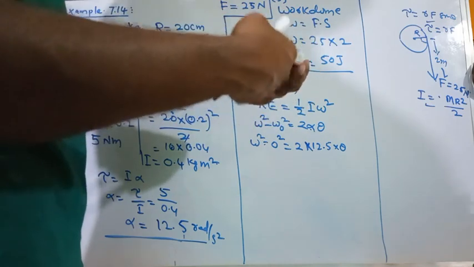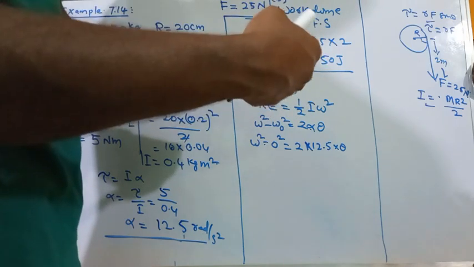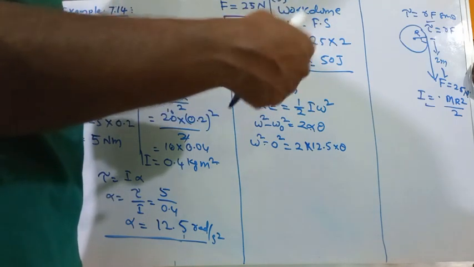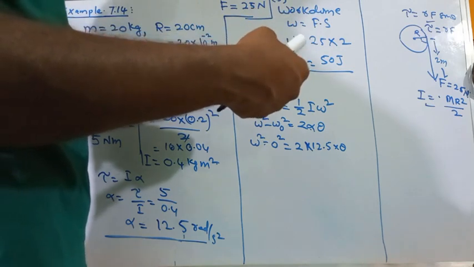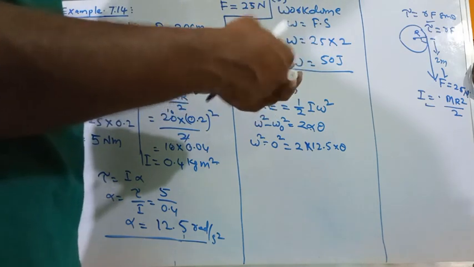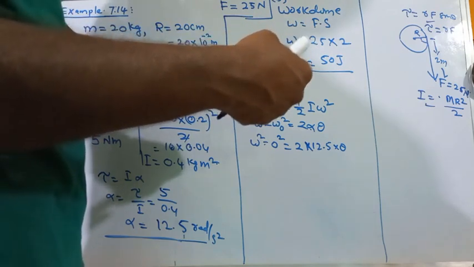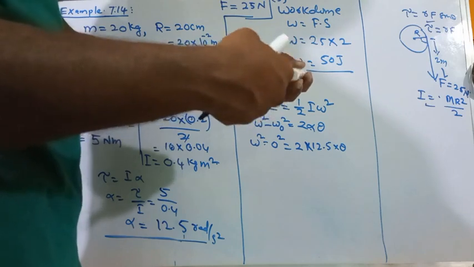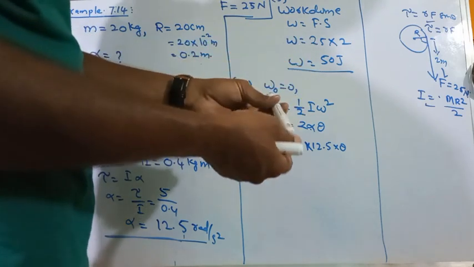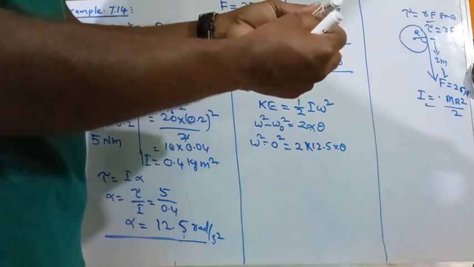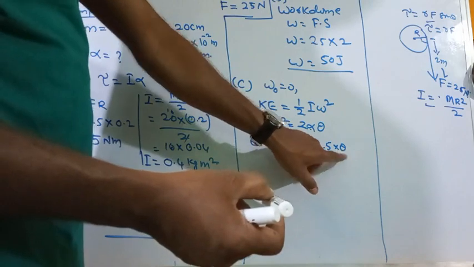We are rolling that thread around this axle, and that displacement is what we call theta. One rotation makes 2 pi radians, and that is nothing but the angular displacement. So the total thread which is opening is equal to theta.